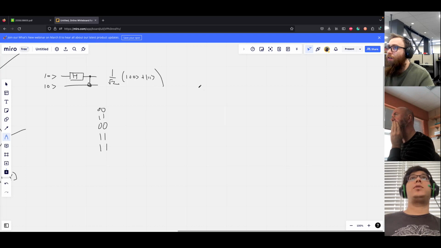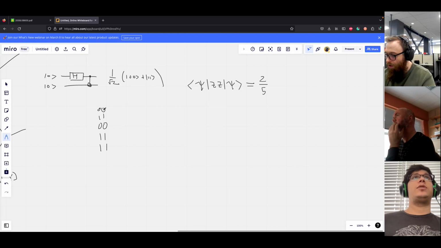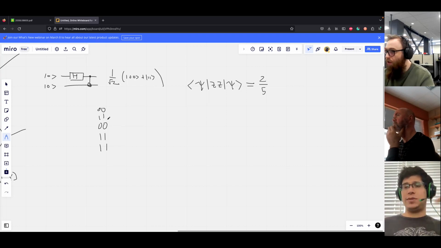How do I compute the expected value in this case? So I get psi. Now I have 2 qubits, so I'm not going to put the tensor product anymore. How many times do I get the 0 state? It's 2 times, so this is like 2 over 5. And the sign for this one depends on the parity of the measurements that you have.